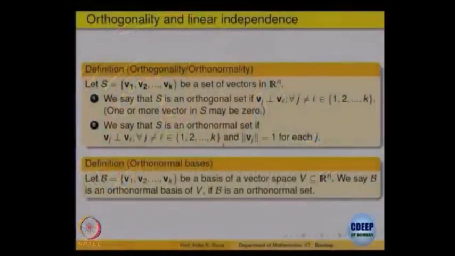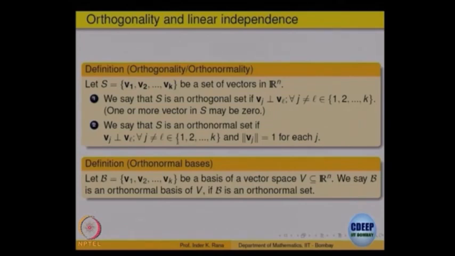And say orthonormal. Orthonormality is different from orthogonality. Orthogonal means perpendicular to each other, and orthonormal says not only is it orthogonal, there is something more: the norm of each vector is 1, the magnitude is equal to 1.